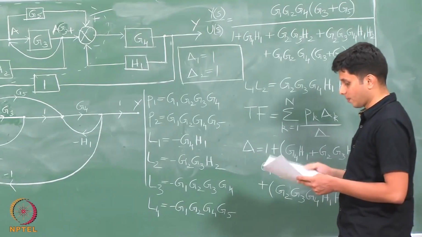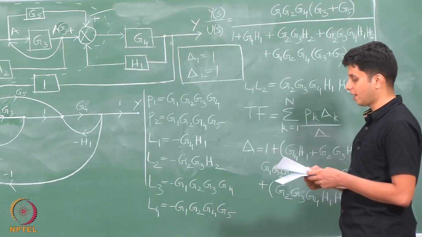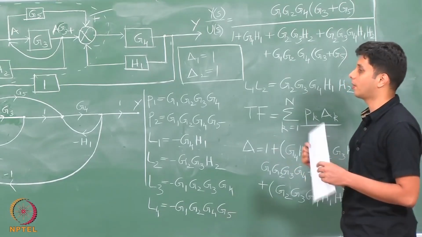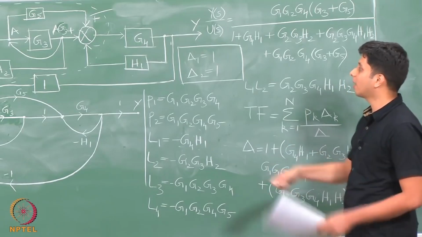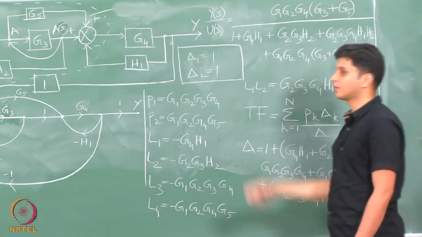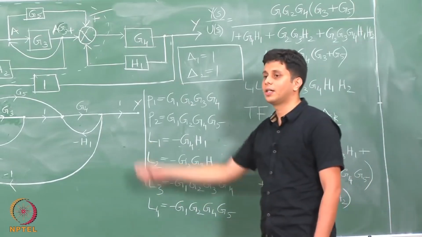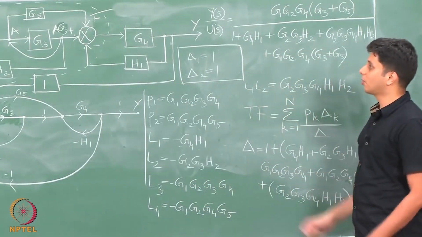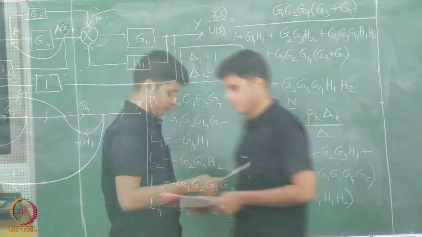Now, for the last problem of this tutorial, we will try to find out a signal flow graph from a network directly. We were told that apart from finding it from the block diagram, we can also find the signal flow graph from the network equations, and that is what we will try to do in the next problem.